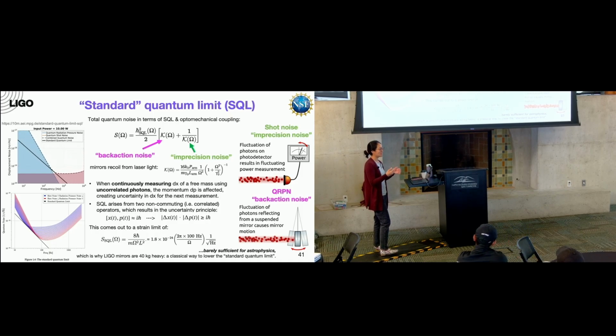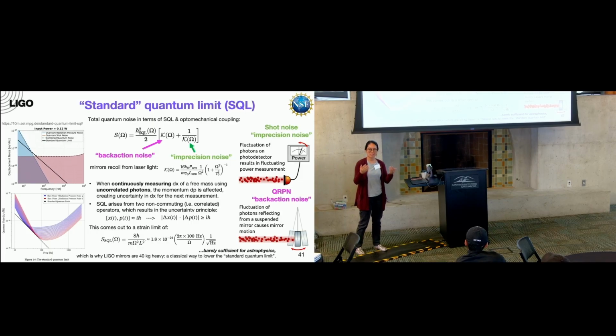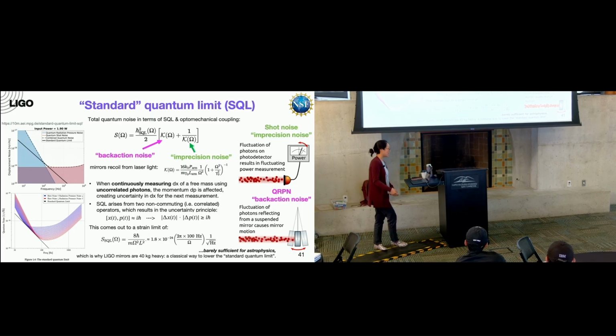But again, because this is LIGO, we're in some sense not interested in how a photon interacts with the thing and how the thing moves. We see that as a problem, right? So that's a lot of the context for this. It's a problem that we must overcome to sense things better, and we are not inherently trying to study that interaction per se.